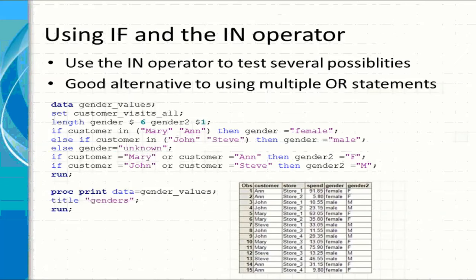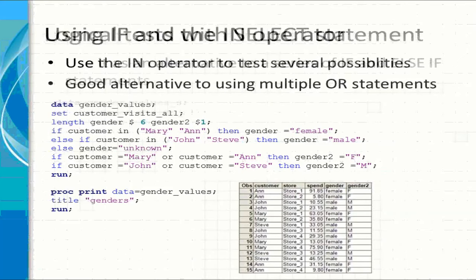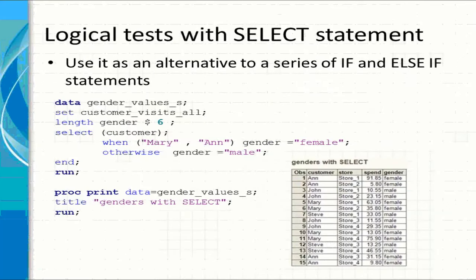Else, if the customer in John or Steve, then the gender equals male. Else, the gender is basically unknown. So you shouldn't have any of those really. Then that's the output you get. So also a very useful trick, the in operator, to basically pick alternatives based on the values.